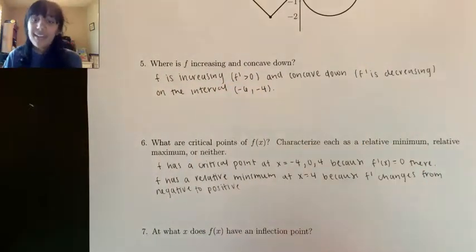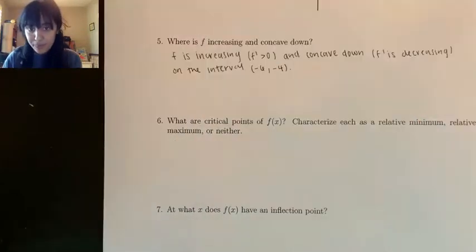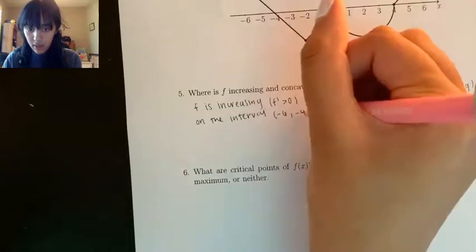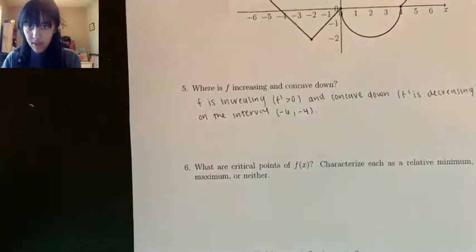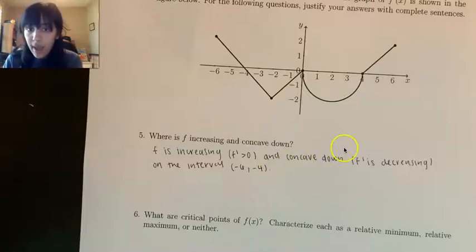Nice. Okay, so now we're going to look at relative max. Let me get a picture of the graph again. F is going to have a relative max whenever f prime changes from positive to negative. So when we're looking here, f prime, which is the line, changes from positive to negative at negative 4, which is one of our critical points.